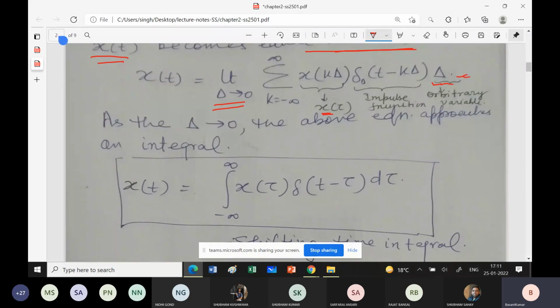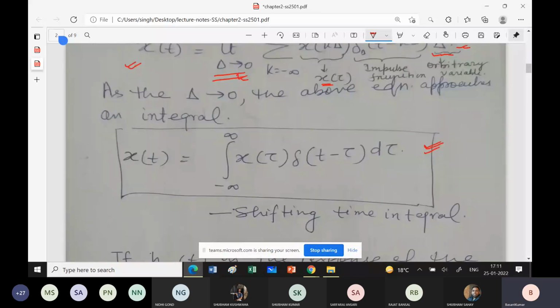So from this summation expression, we can write another expression considering this limit, in the form of integration.